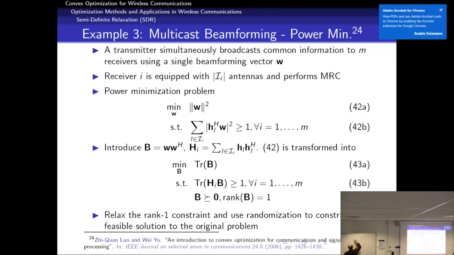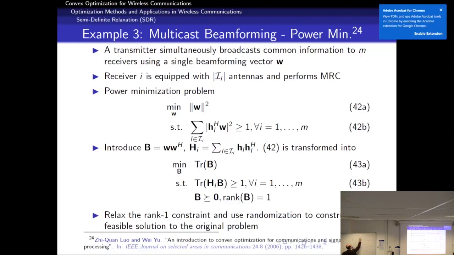For user i, I have h_l, where l belongs to I_i, the set of antennas of user i. So h_l multiplied by w is the effective channel here.